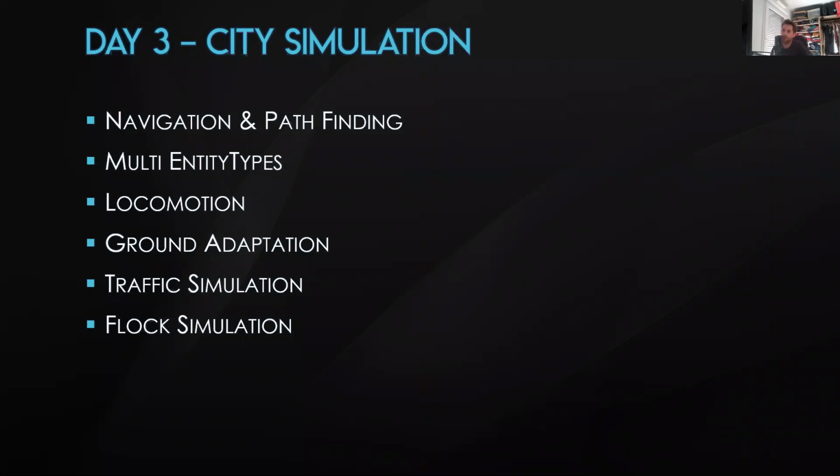And also part of the city, it will be great if we can speak about maybe birds or all those 3D navigation. We call that flock, but we'll go into more details later. So we'll see if we got time. If we do, that will be a bonus to speak about traffic or flock. If we don't have the time, anyway, there are tutorials on the website, so you can go on your own and try this.